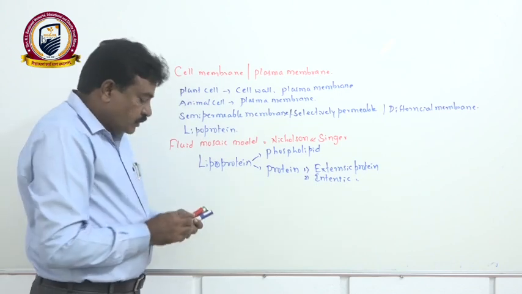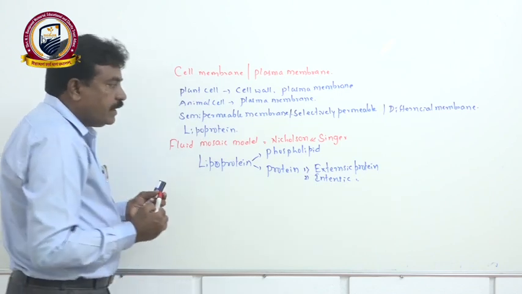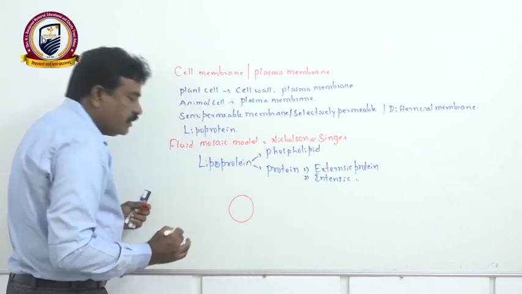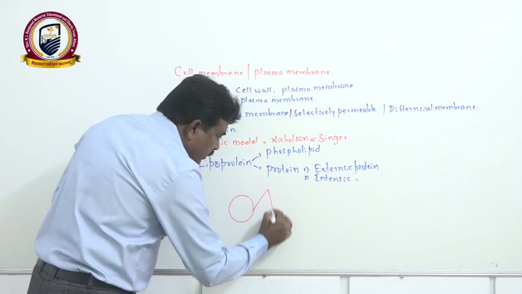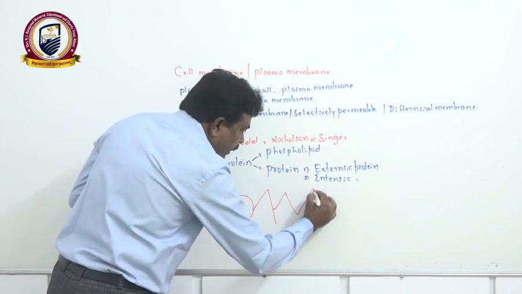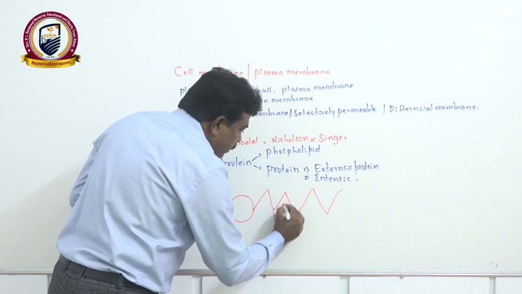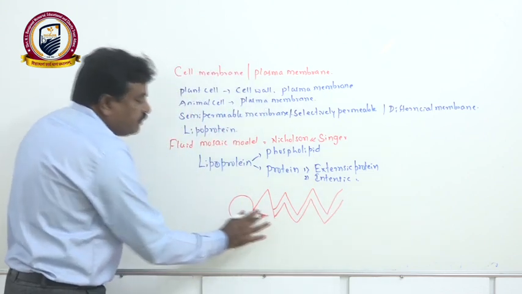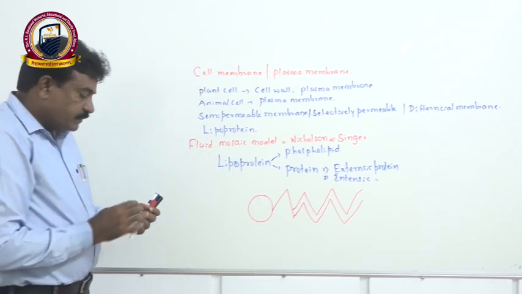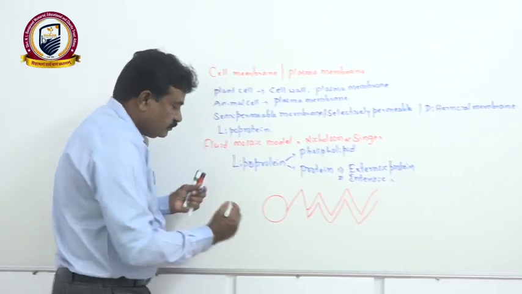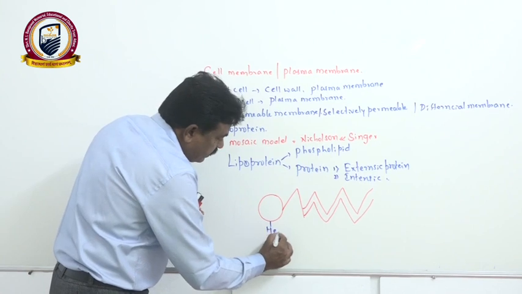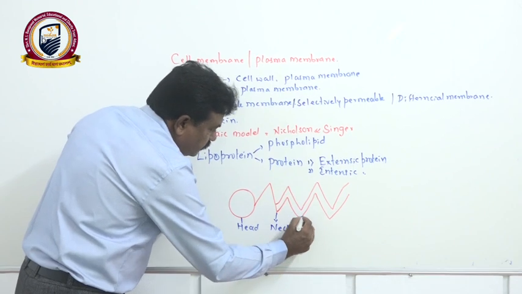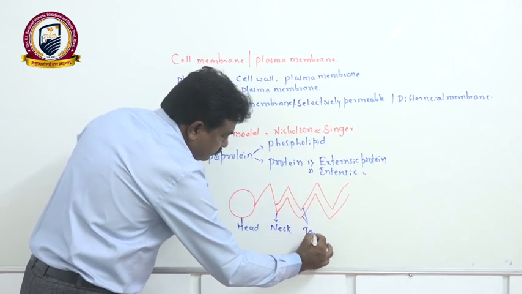If you take a phospholipid molecule, it has a head, neck and tail. Like that we have three structural differentiations here. One is a globe-like head, then the neck, and then the tail.